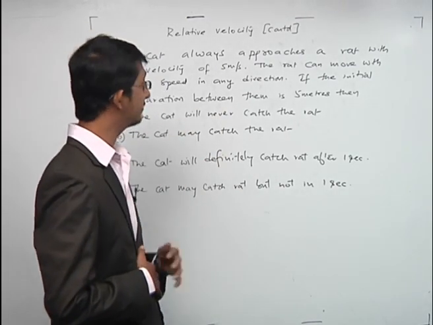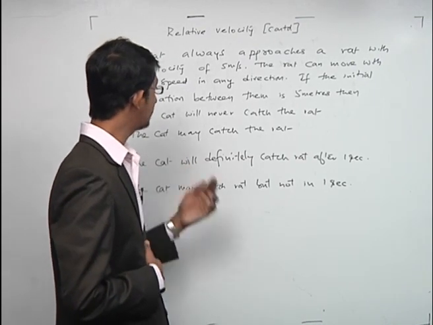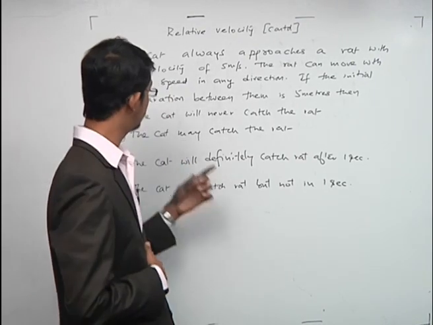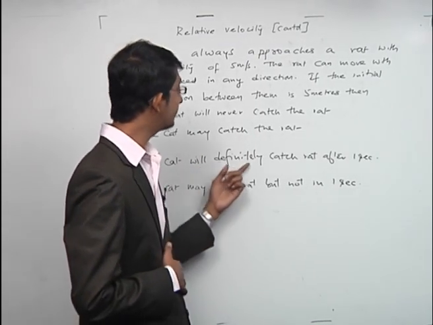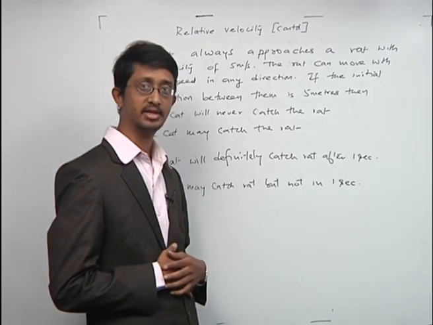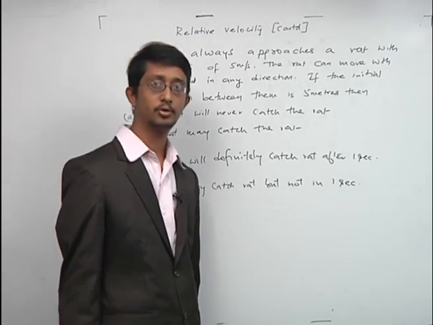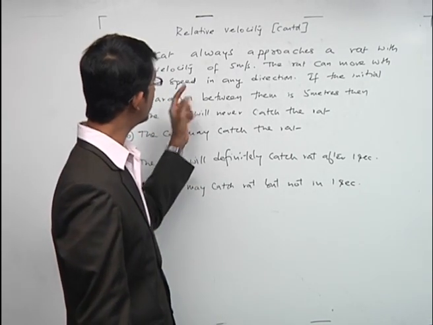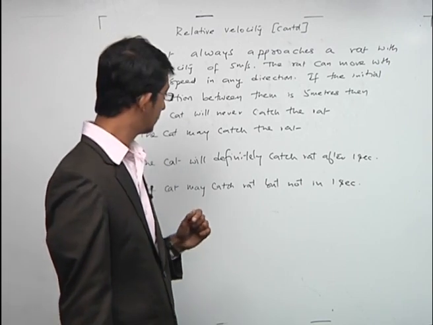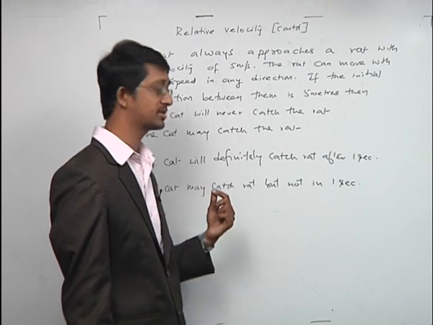The cat will never catch the rat, that is option A. The cat may catch the rat, see the word may. The cat will definitely catch the rat after 1 second. And the cat may catch the rat but not in 1 second. Generally, if we think about this problem, we might come to the conclusion that the cat may catch the rat.